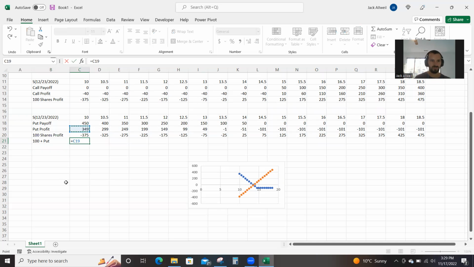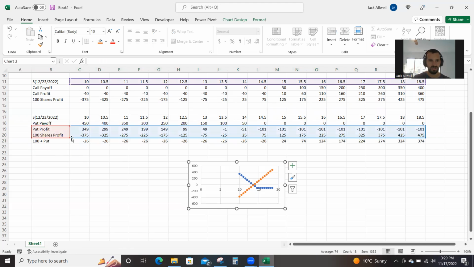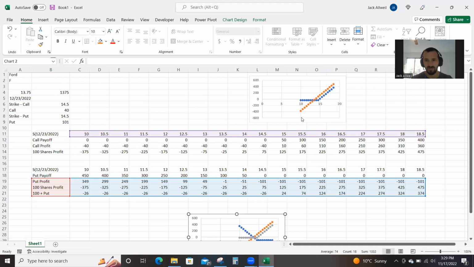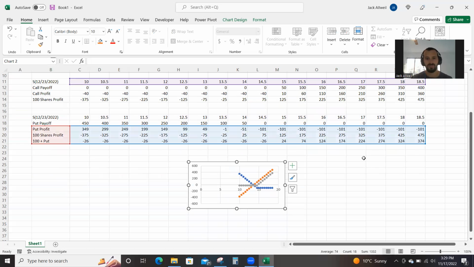Well, it's just that plus that. And then we can see when you combine them, the tails on the left will offset each other. And you're left with this gray amount that looks oddly similar to a call. So kind of another way to think about it.